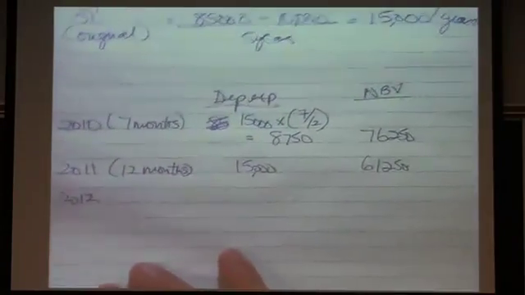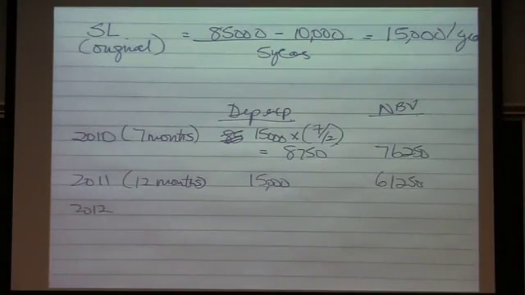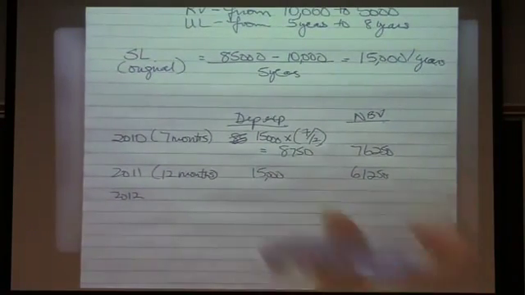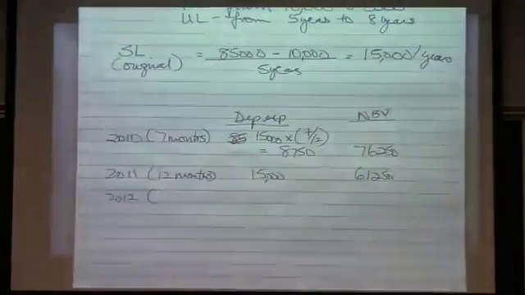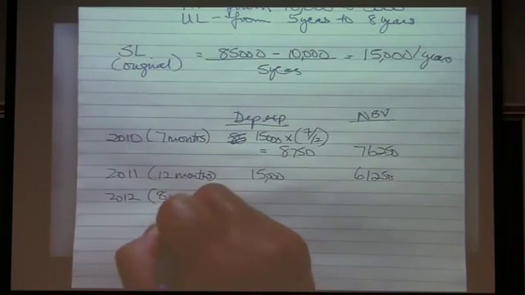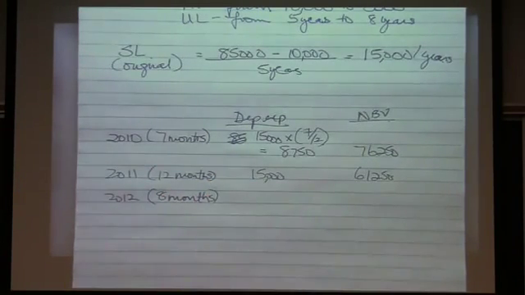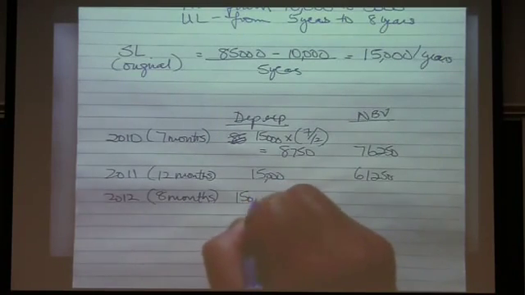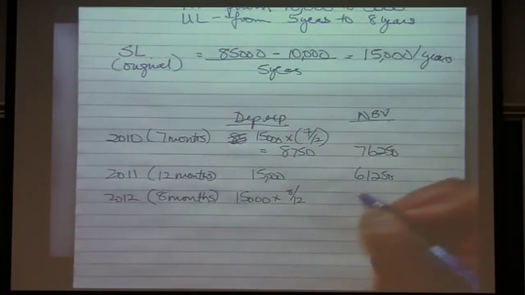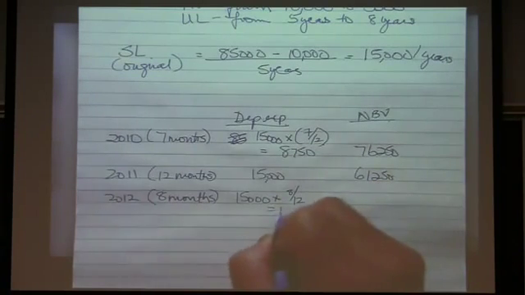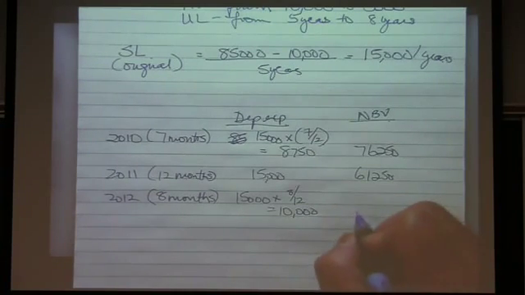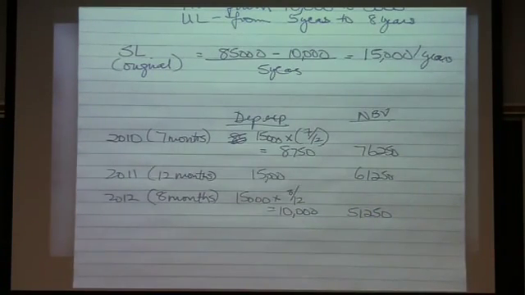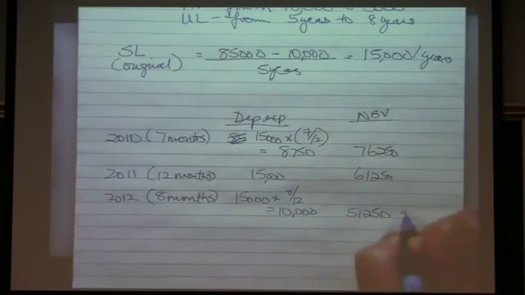So we need to be mindful of the fact that in 2012, we had a partial year where we need to accommodate the amortization under the old method for 8 months. So we're going to take 15,000 times 8 over 12, and that gives us 10,000. Now, that means that net book value is 51,250. And this is as at September 1st, 2012.